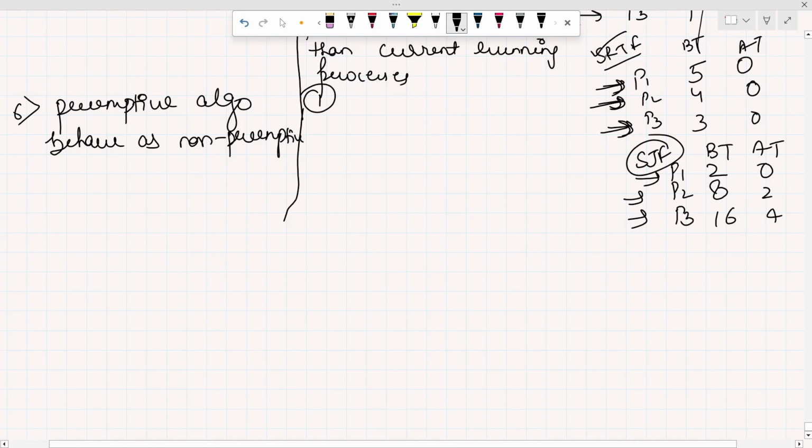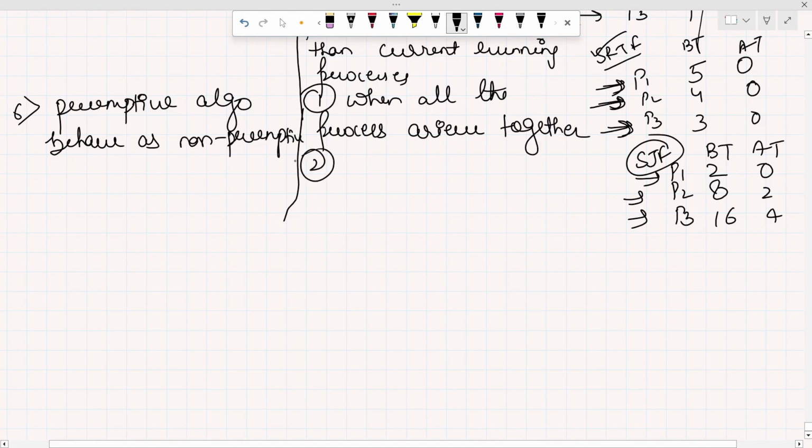But it behaves in a non-preemptive way when all the processes come together, with the same arrival time.